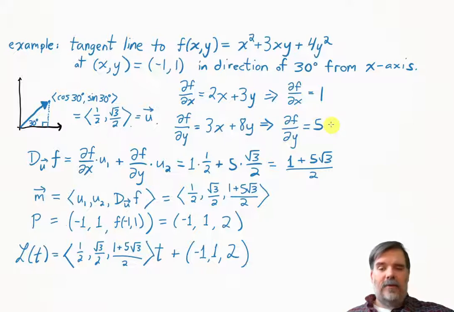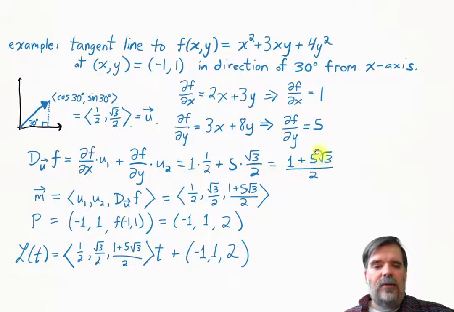And now with all these values, we're ready to calculate the directional derivative. So du of f is df dx times u1 plus df dy times u2. In this case, df dx is 1, u1 is 1/2, df dy is 5, u2 is radical 3/2.